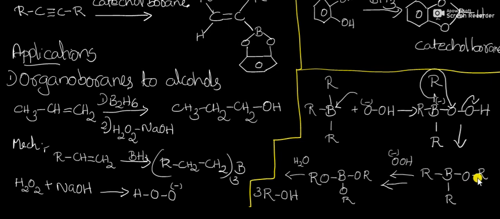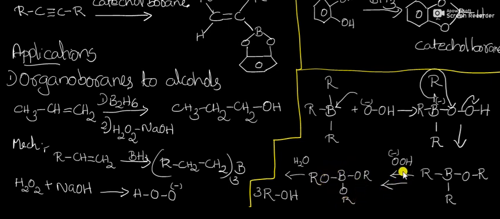When this procedure occurs repeatedly in the presence of the nucleophile OH minus, all the R groups will migrate, and it will finally be converted into B(OR)3.